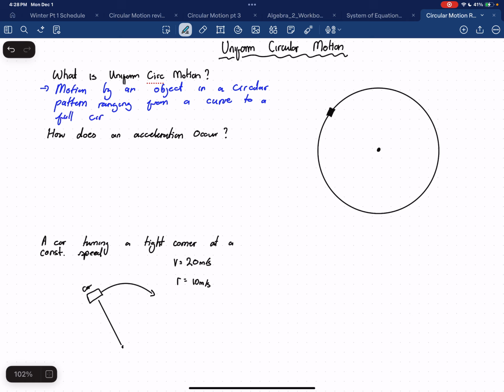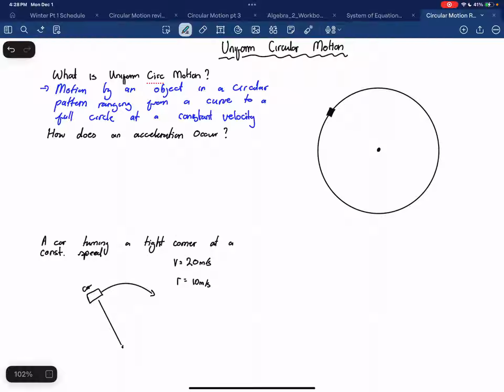So even if a car has just made a small turn, that curve means they're moving in circular motion. But what makes it uniform circular motion is that they're moving around that curve or full circle at a constant velocity.